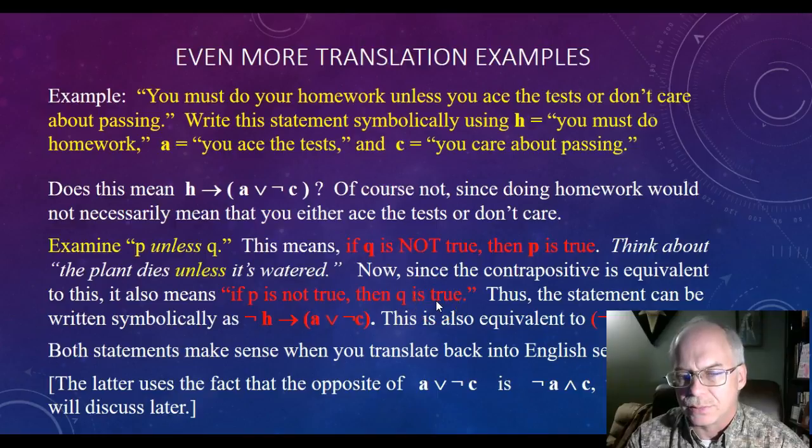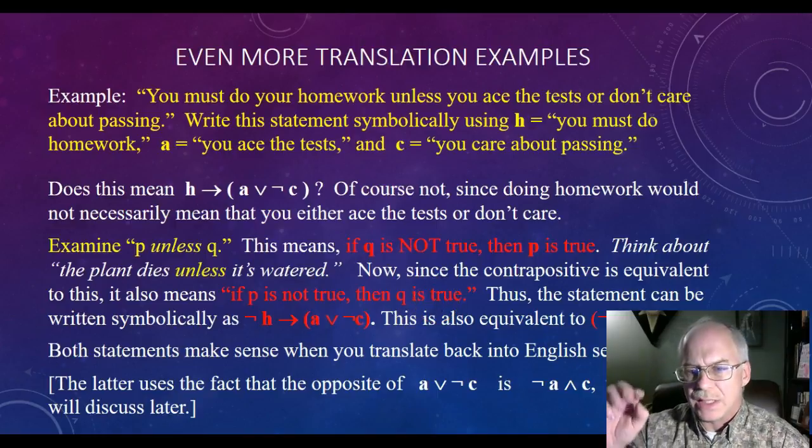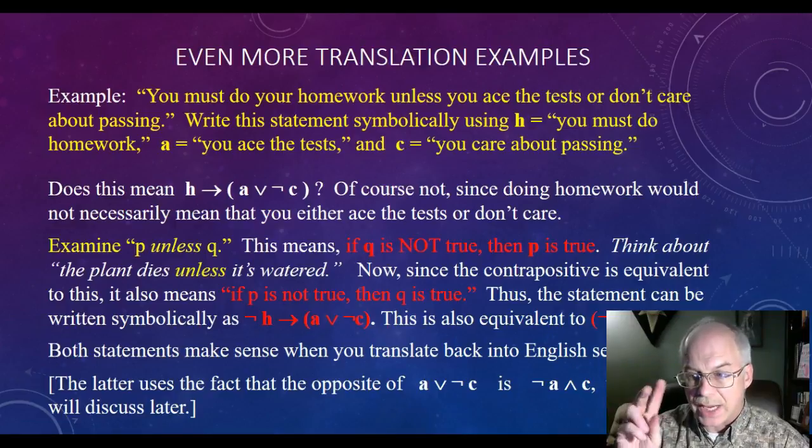See, we were taking if not Q, then P. The contrapositive of that means you're going to negate both and switch both. So it would be if P is not true, then Q is true.